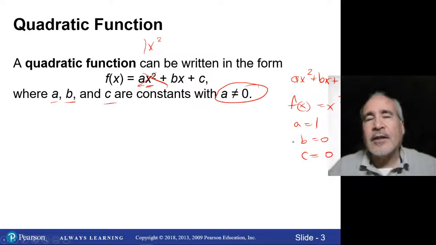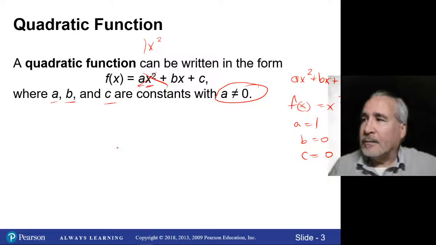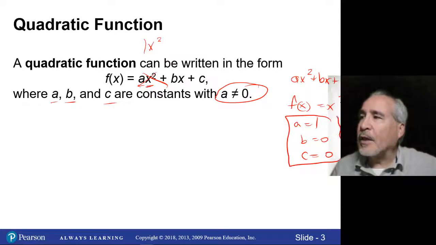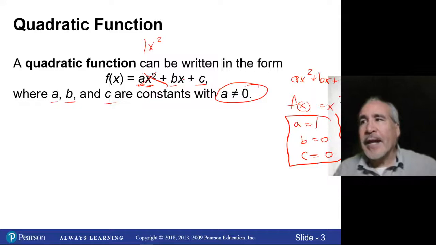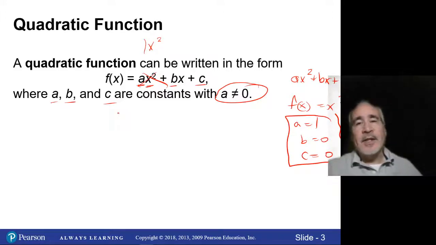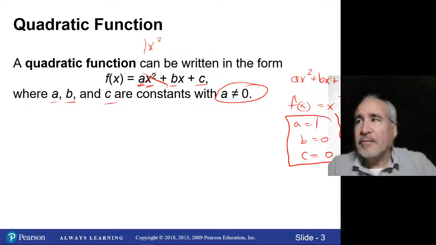And what you're going to find out as we go through this unit is that these coefficients are really all we need to know, because they define the quadratic function. Because there's always an x squared, there's always an x. Again, when it's disappeared, it's because b was 0. But as long as we know these coefficients, we can make the full function.